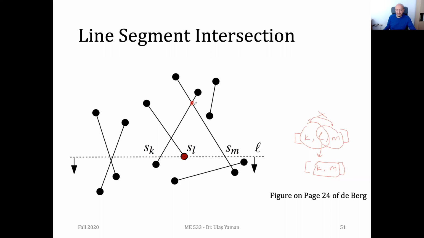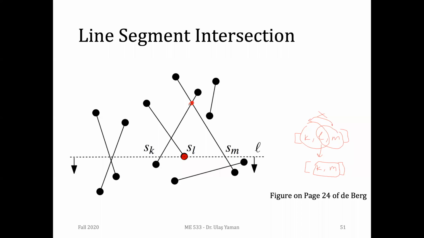Is it an important intersection point? What do you think? Now, after the lower endpoint, we have a new neighborhood between K and M. We do the check whether they are intersecting or not, and we see that they are intersecting above the sweeping line. So what we should do? Should we store it into some data structure? What do you think?